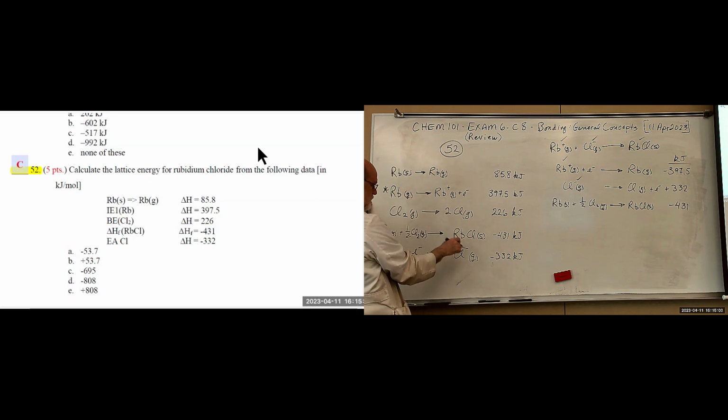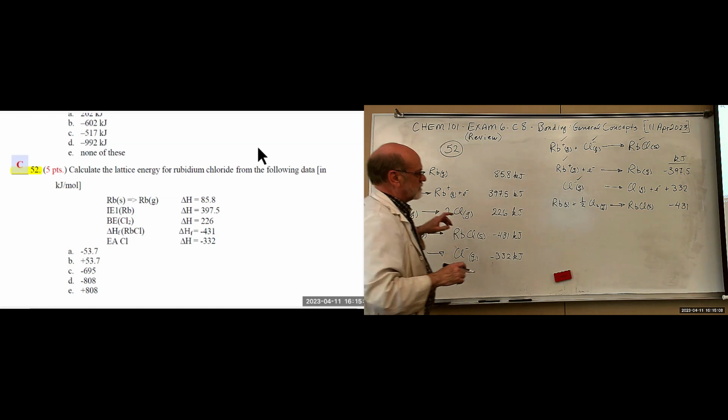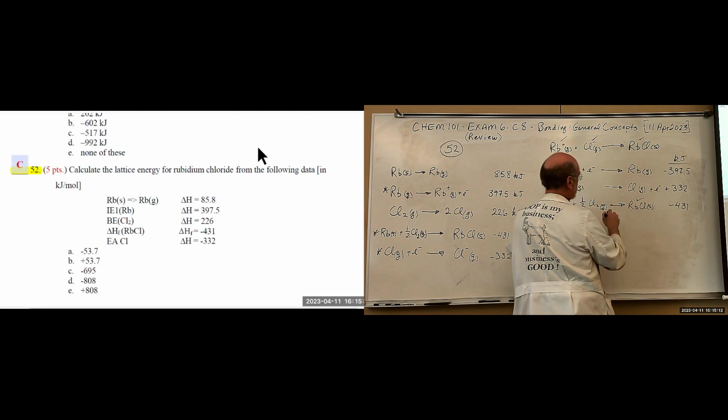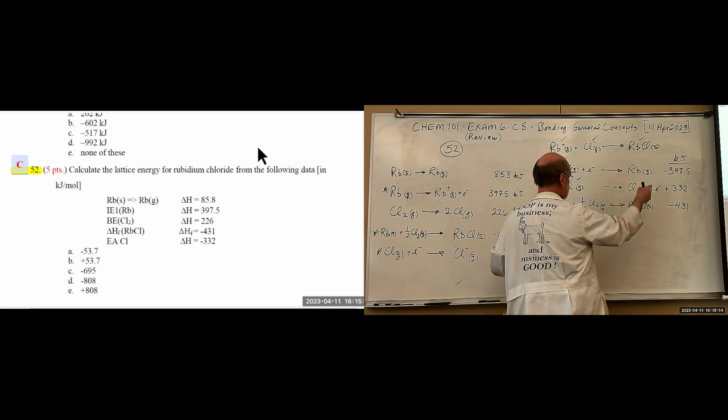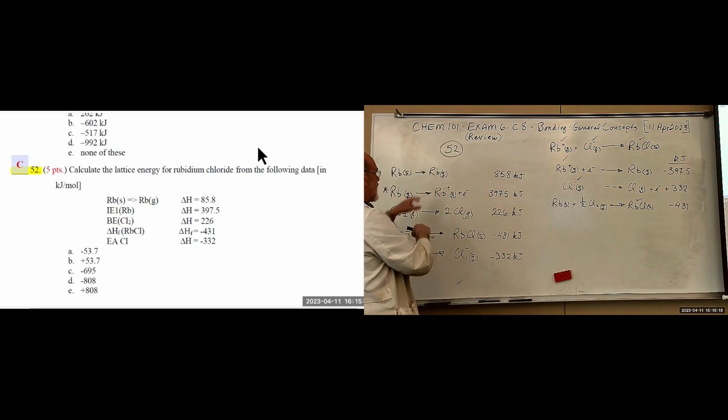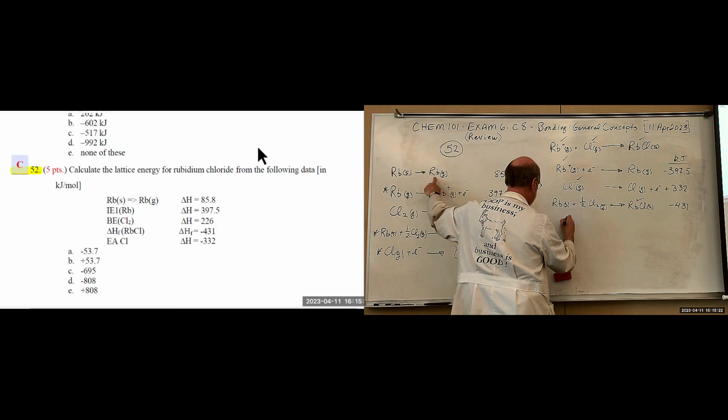We've used this one. And we've used this one. So what can we do with the rest of it? Now we've got rubidium gas here. How do we get rid of rubidium gas? We need the rubidium gas on this side. Right. So we put this one over here.